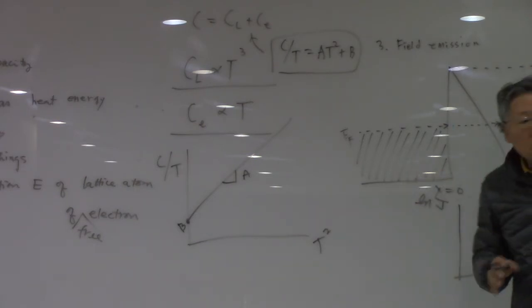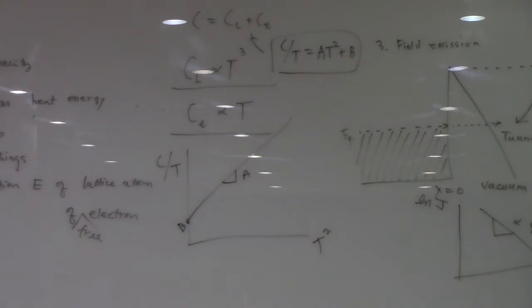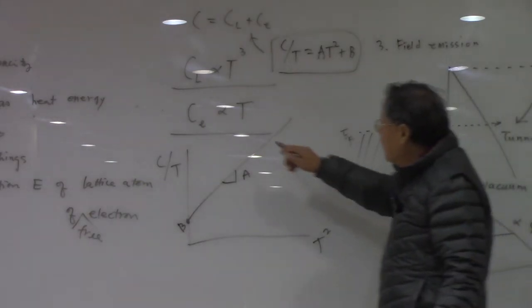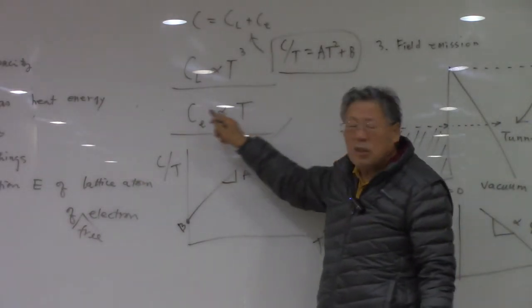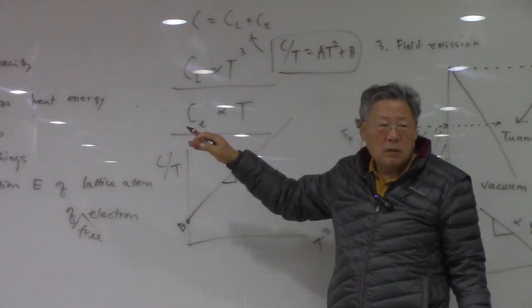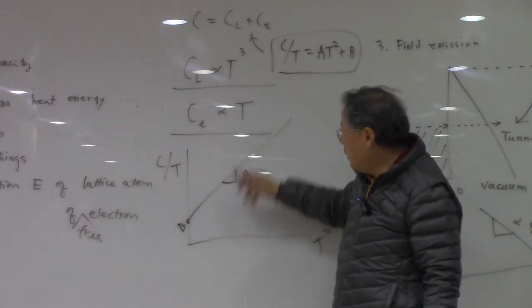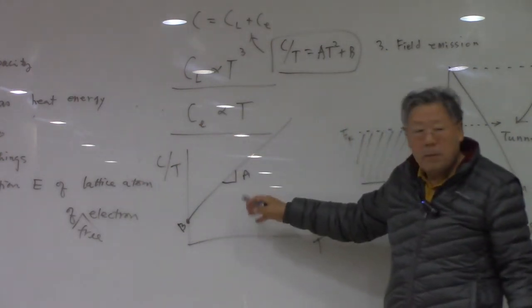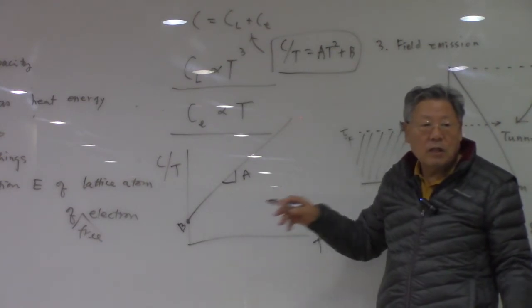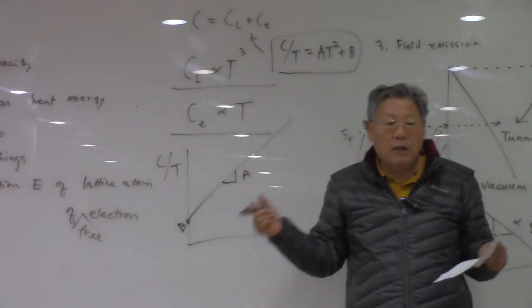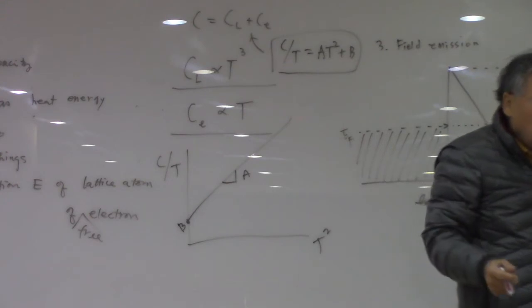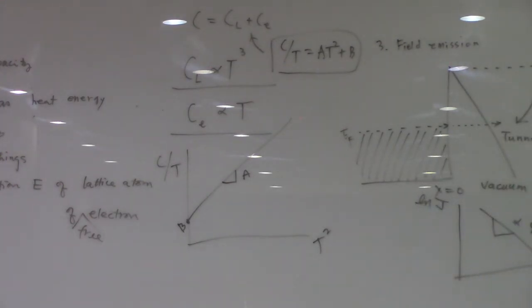Now, if you have an insulator or a semiconductor where this electron contribution is negligible, then you're going to have a different plot here. So this is one way to distinguish whether the specimen is a metal, a semiconductor, or an insulator.